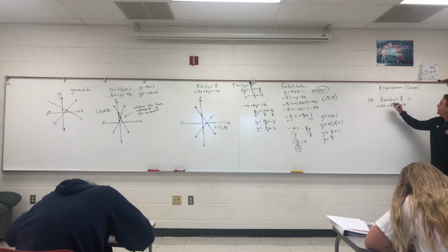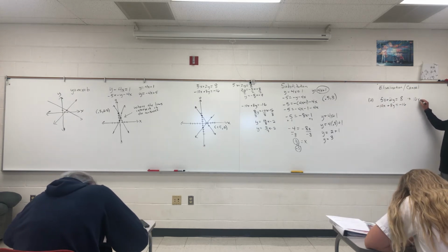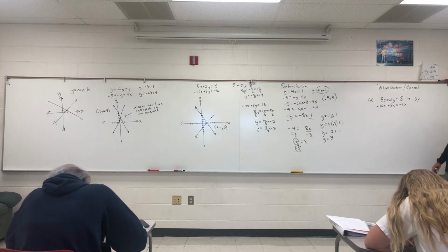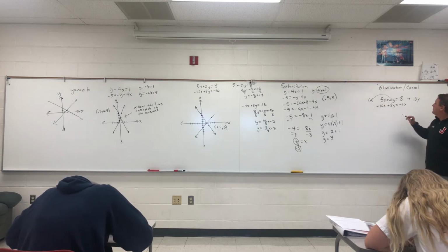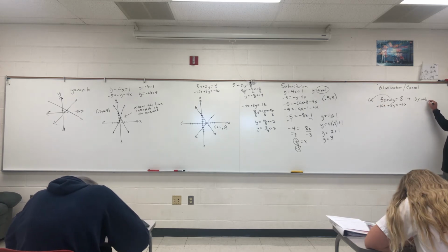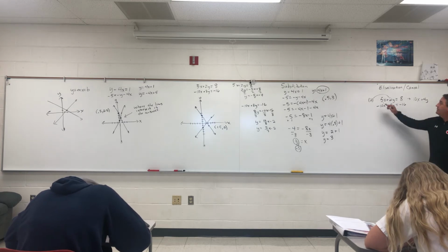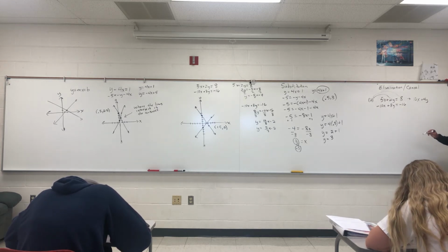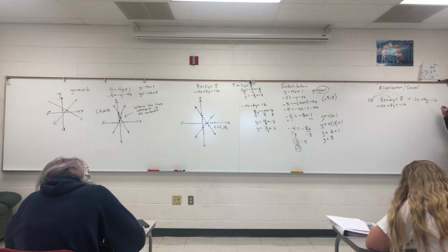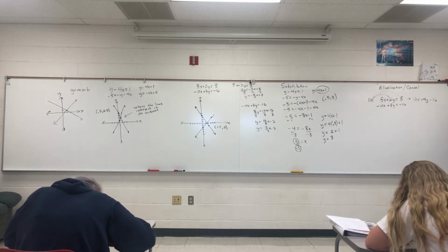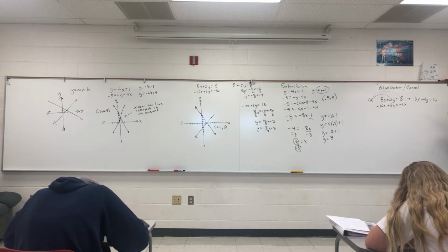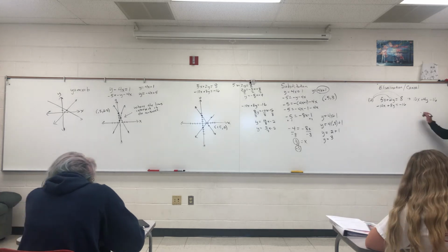So I got to do 2 times 5, which is 10x. I got to do 2 times 2, which is 4y. And I've got to do 2 times 8. Okay? Now, does everybody see why we picked 2 in that case? Because that would be 10, and then 10 and -10 will cancel.